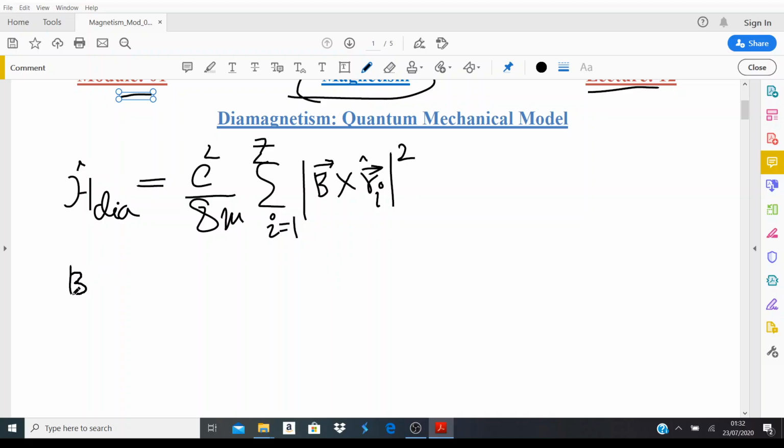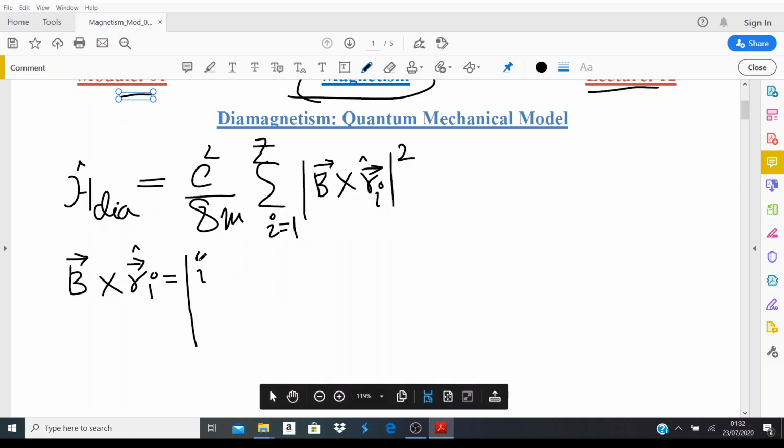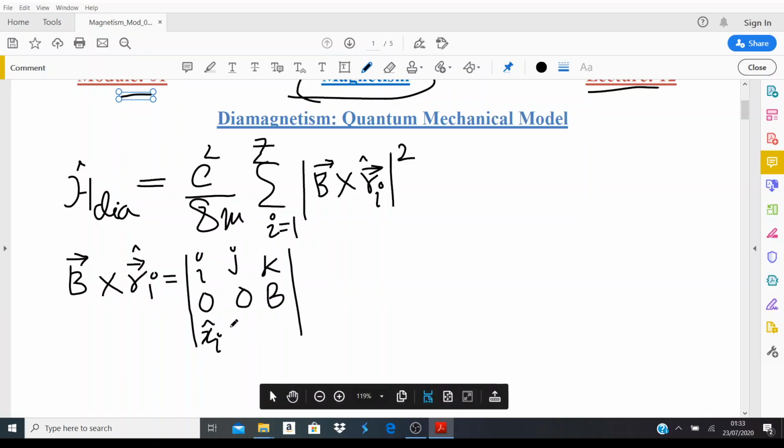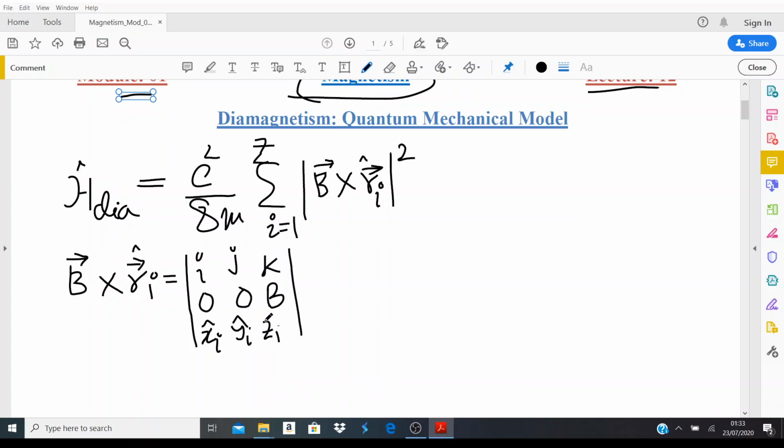So what is this expression? B cross product with the position vector Ri, right? We know this can be found with the determinant. i, j, k are the standard unit vectors along x, y, and z, and our magnetic field is pointing along the z direction, so that's 0, 0, B, and the position vector for the ith electron is xi, yi, and zi.